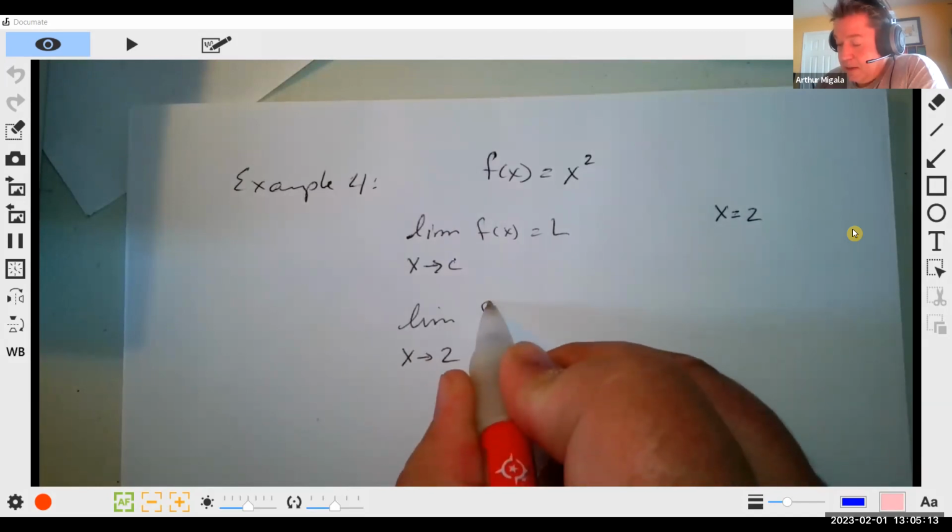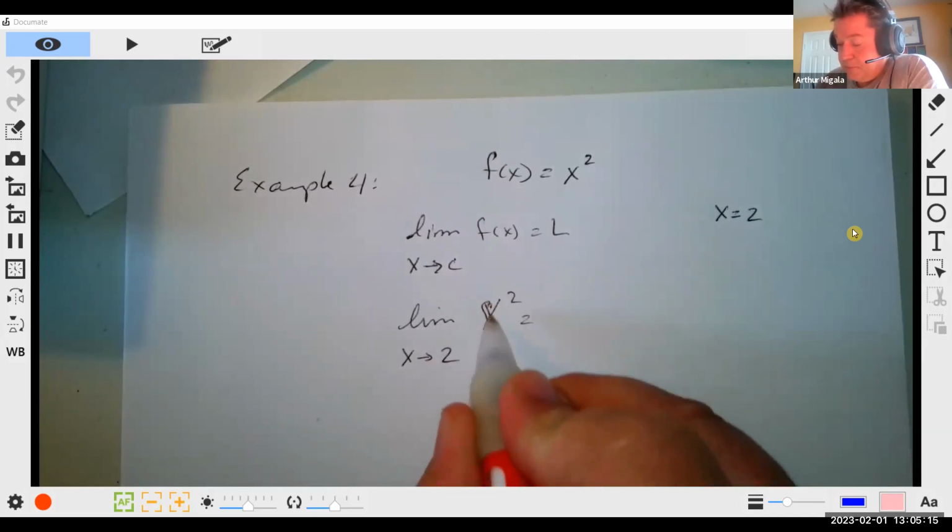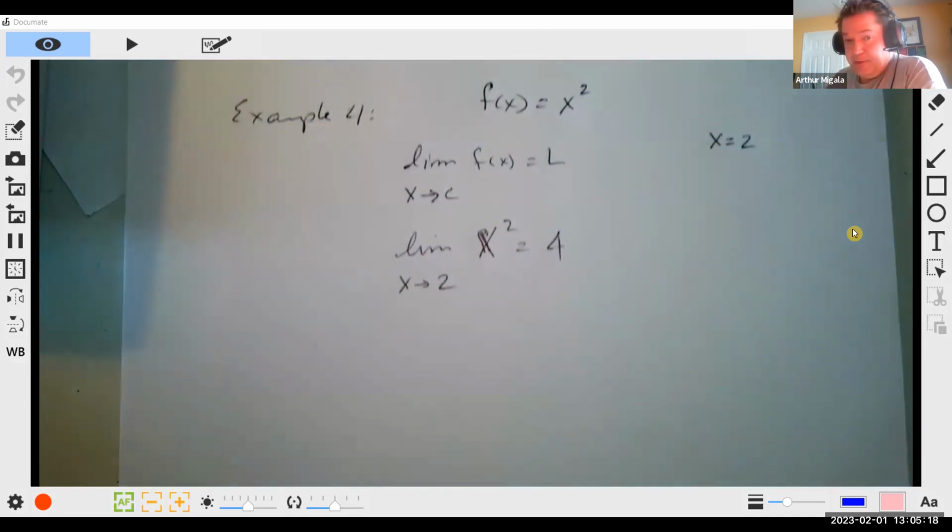It's x squared; at 2, it becomes 4. So our limit value is 4.